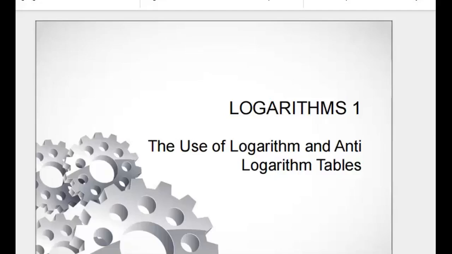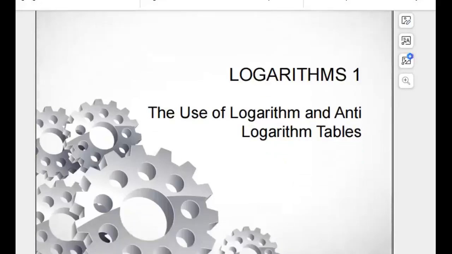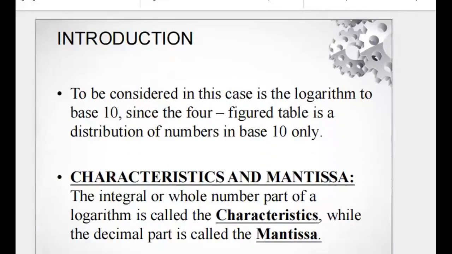So here in our introduction, what is to be considered for this topic is the logarithm to base 10, since the 4-figure table is a distribution of numbers in base 10 only. So the 4-figure table makes use of just base 10 only. Other bases are not required in the use of the 4-figure table.